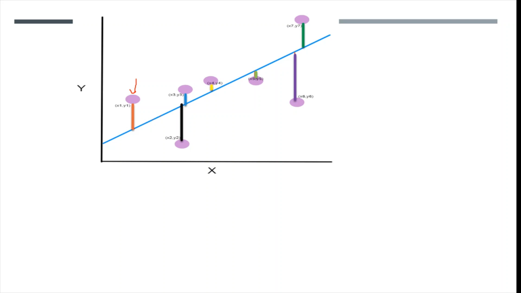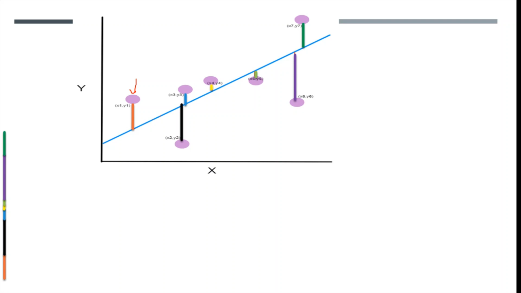Now we add all those distances shown here: the orange line, black line, blue line, yellow line, light green, dark blue, and dark green.